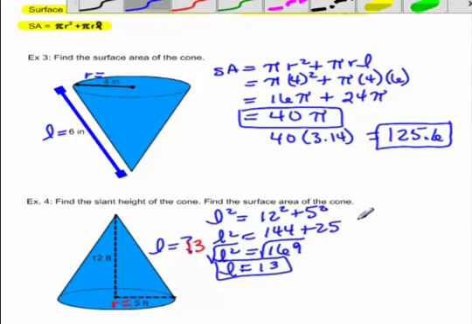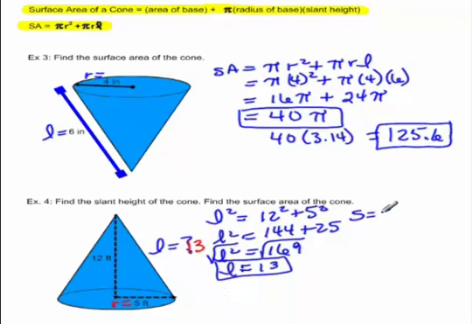Okay, so now we found the length of the slant height, and we just need to plug that in. So our formula is surface area is equal to pi r squared plus pi r L, and so that's going to be pi, r is 5 squared plus pi times 5 times 13. Okay, so that's why we had to find 13.